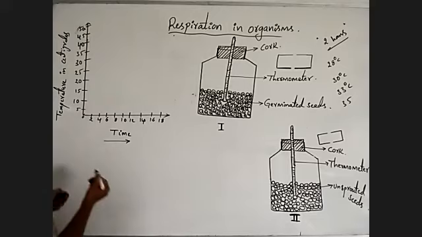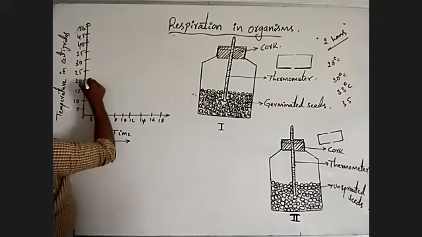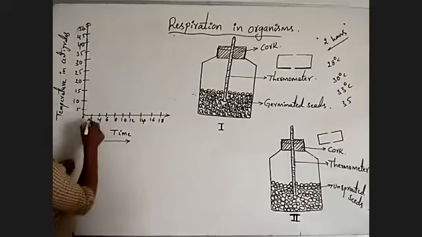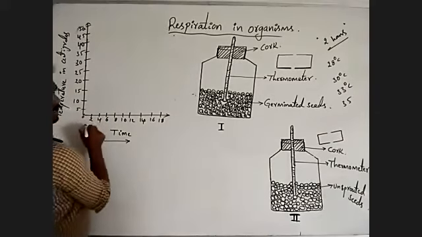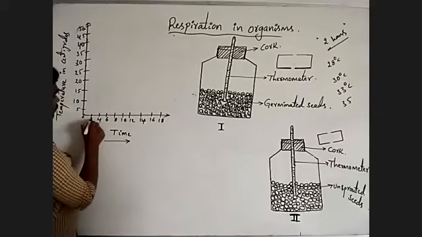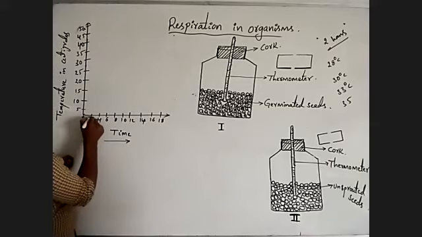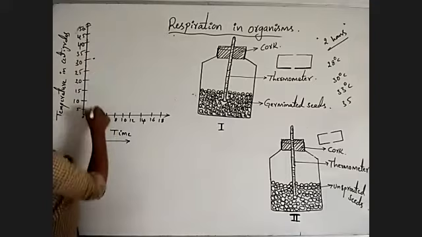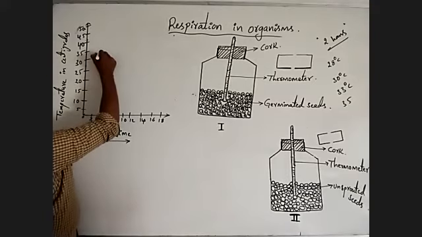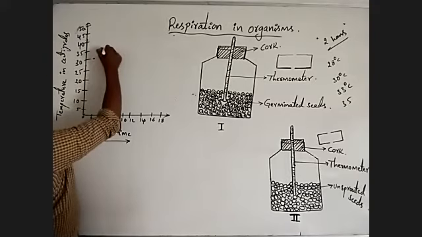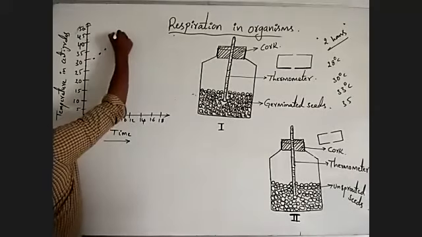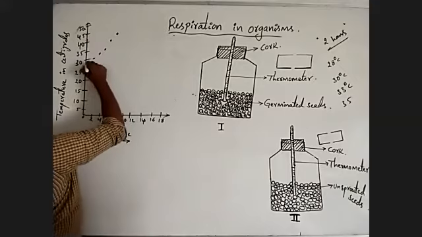For example, first at normal 28 degrees means here. Next after 2 hours 30. Next after 4 hours 32. Next 35. Next 40. Next 45. Like this, observe.